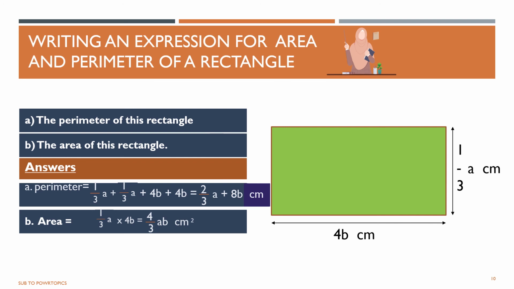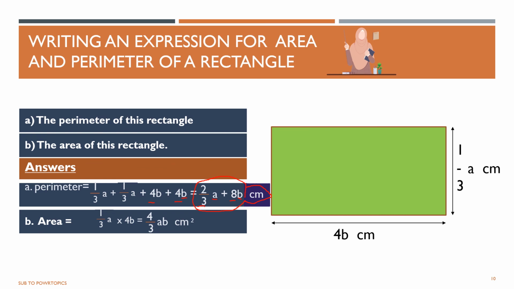The denominator will stay the same, as well as the a here. Now we are adding the length, 4b plus 4b. So 4 plus 4 is equal to 8, and b is going to stay the same here. So our expression is ready, but we cannot forget the unit, centimeter, here.